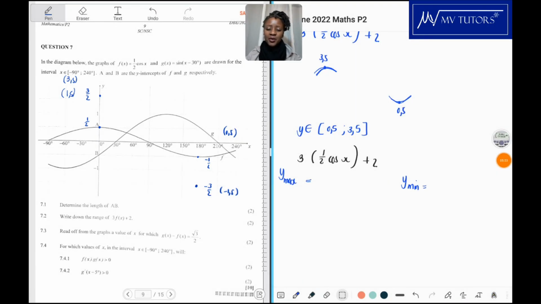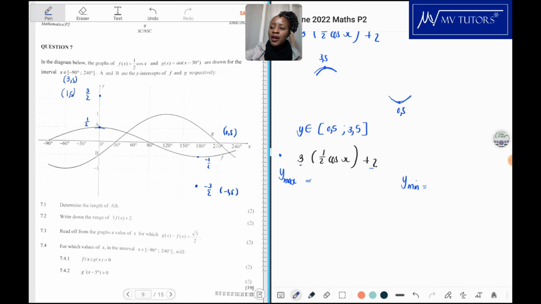Another way to do it is to use the formula. I'm not going to use the sketch because I might get confused. They told you that the amplitude was multiplied by 3 and you added 2 units up, so the graph shifted 2 units vertically, positively. So you can use this equation and ask where the y value is at its max.